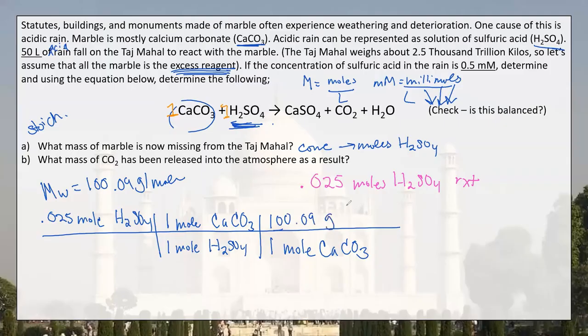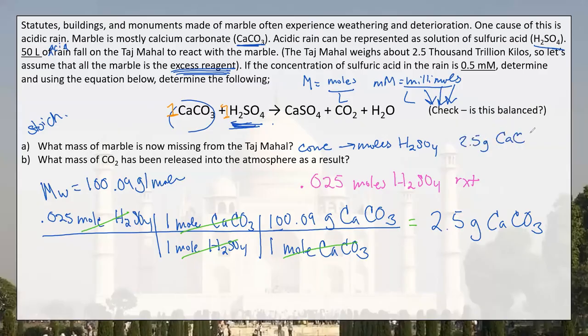Then moles sulfuric acid cross out, moles calcium carbonate cross out, and we're left with grams calcium carbonate. And this comes out to 2.5 grams calcium carbonate deteriorated.